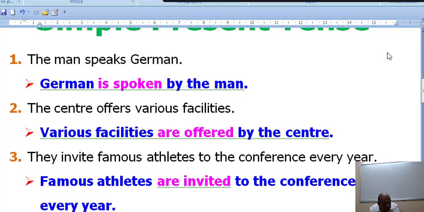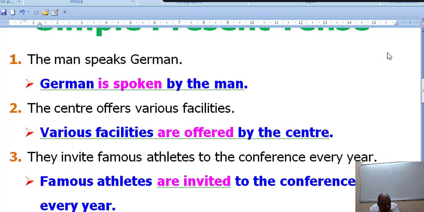The first sentence: the man speaks German. So speaks is in the simple present. The complement is German and the man is the subject. So we begin with German.